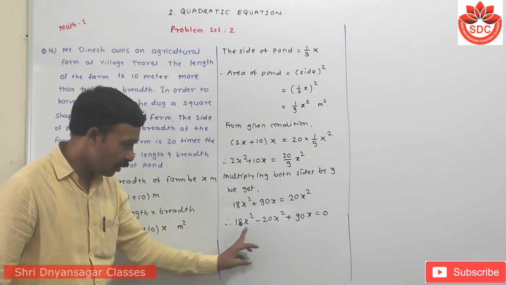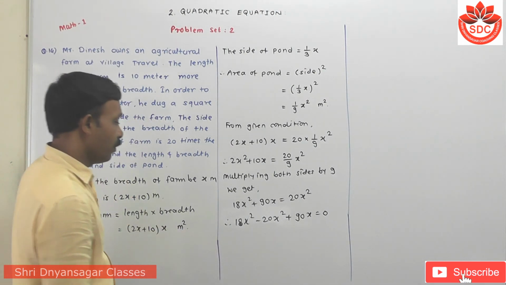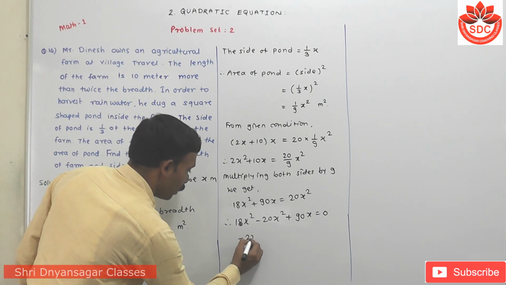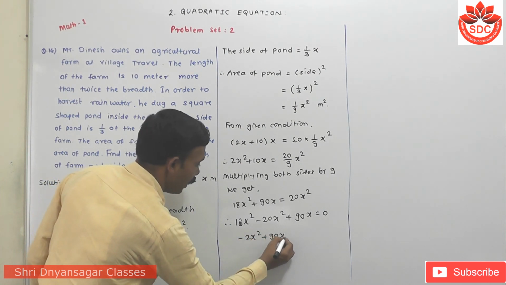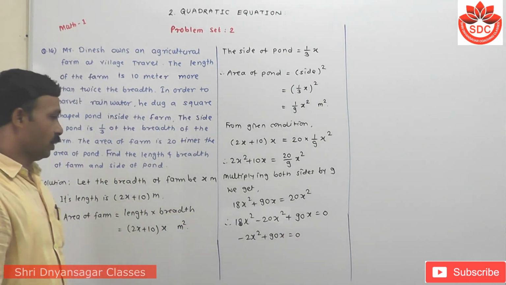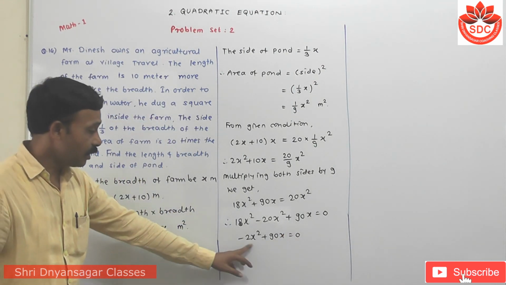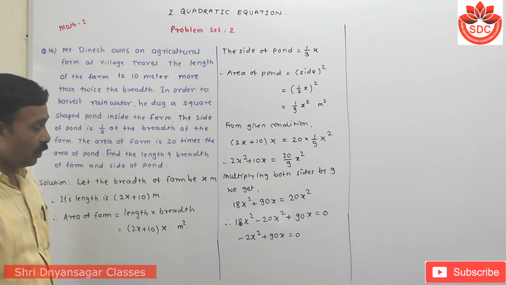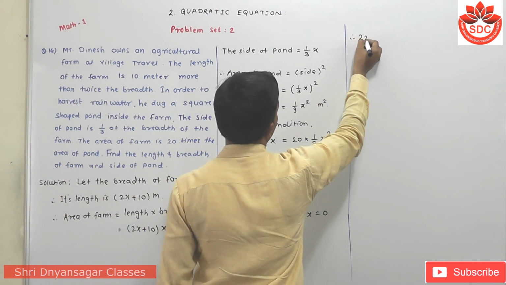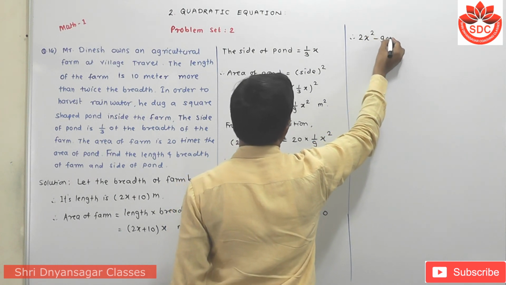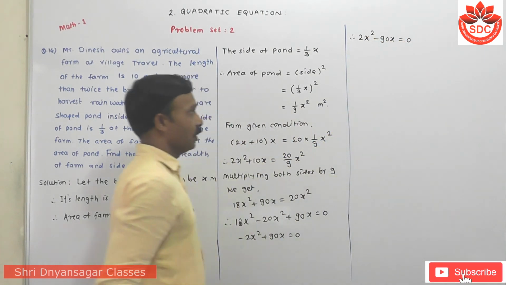Student, the subtraction of these two is minus 2x square. Minus 2x square plus 90x is equal to 0. Changing the sign first, I will write twice x square minus 90x is equal to 0.